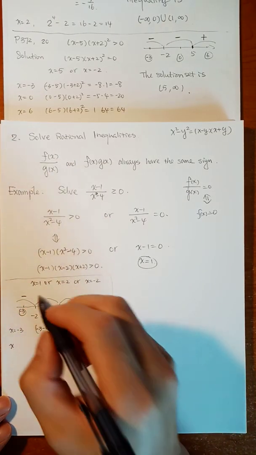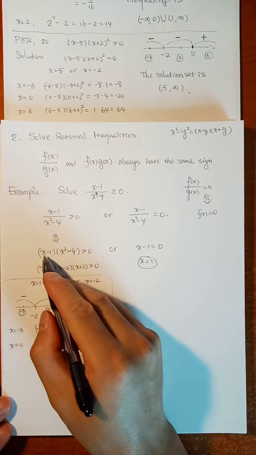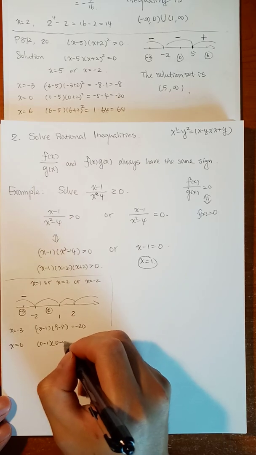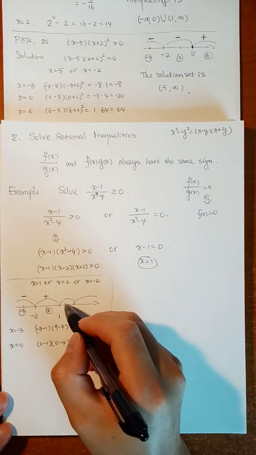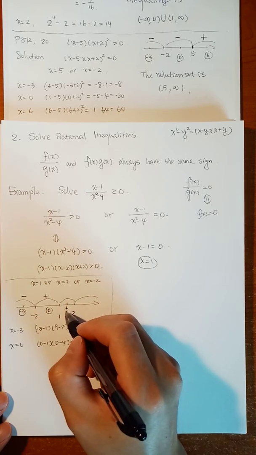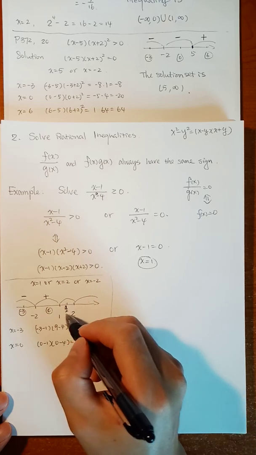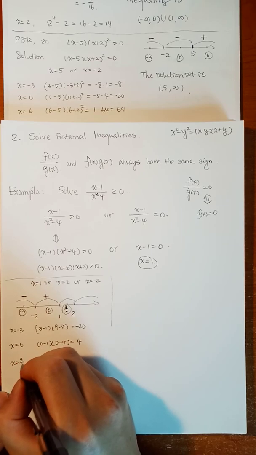Between negative 2 and 1, we pick 0. x equal to 0. You get 0 minus 1, negative 1. 0 squared minus 4 is negative 4. This is positive. Between 1 and 2, let's pick 3/2. So x is 3/2.